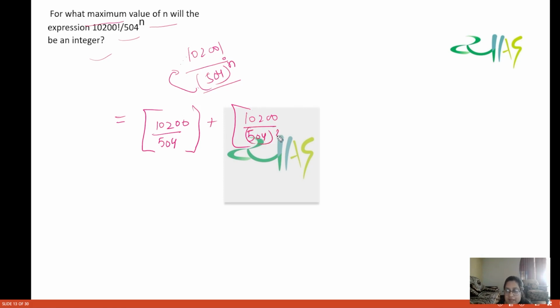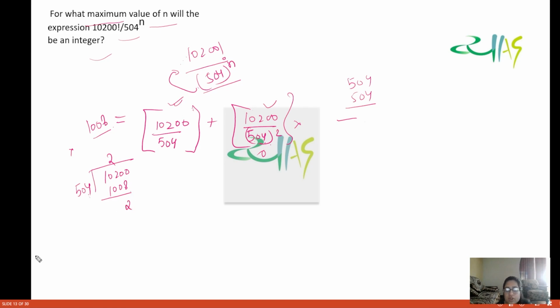But if I square 504, then basically it will be a 6-digit number, but this is a 5-digit number, so I don't need this, because then the greatest integer will become 0. So what I need is the greatest integer in this number only. So let me do this. This is 50. You multiply this by 2, you get 1008.